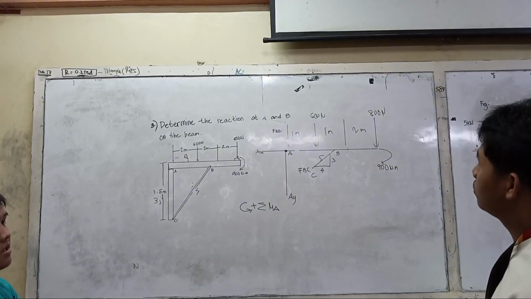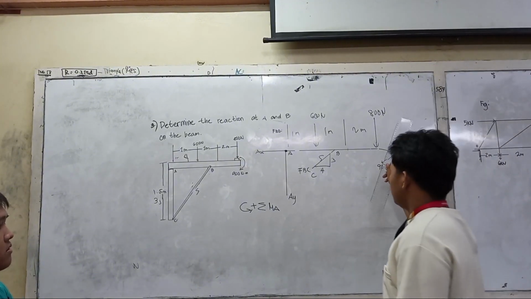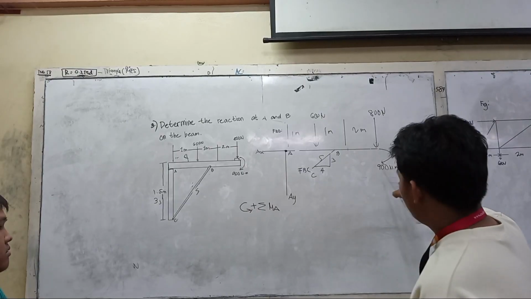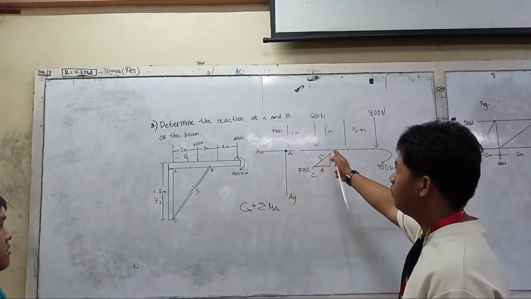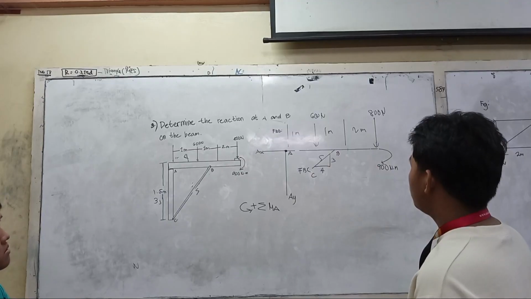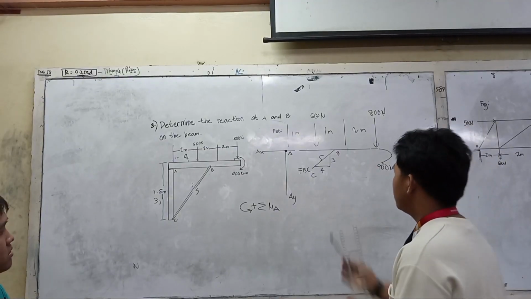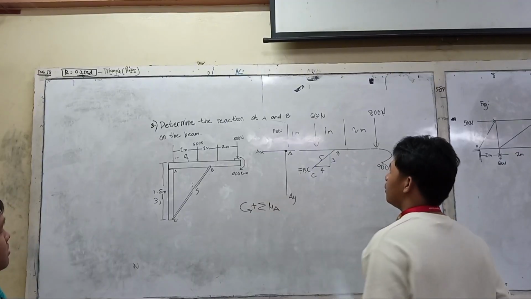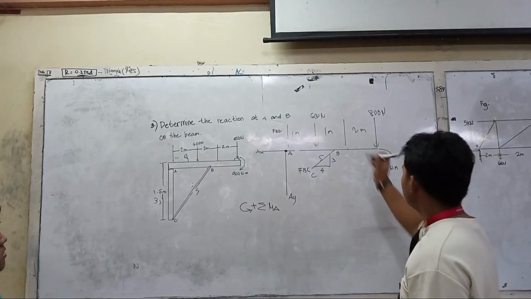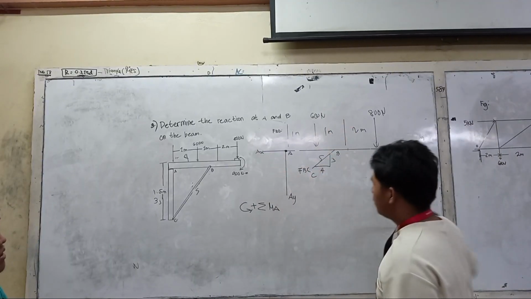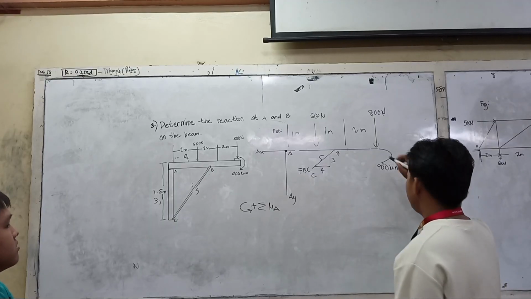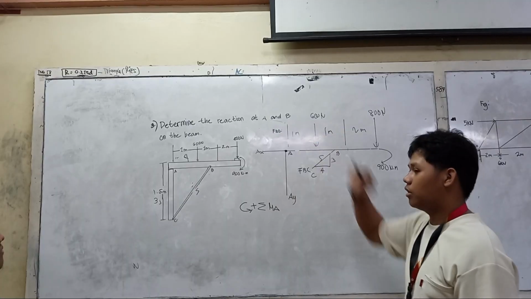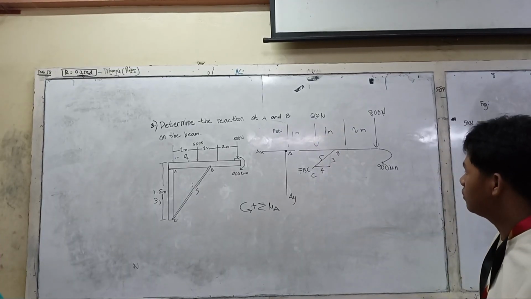If we count the clockwise, we're not going to get the direction of A and B. We need to find first the A and B, because in the problem we need to find the reactions at A and B. So we need counterclockwise, because if we do the clockwise, it would not solve the problem.